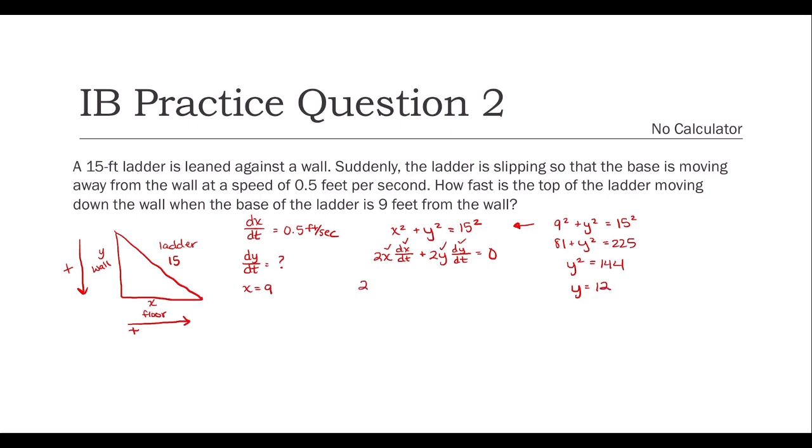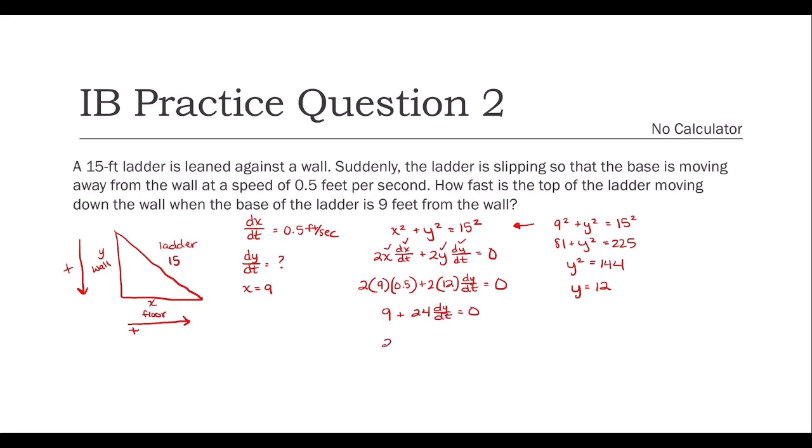So we have 2 times x, which was 9, times dx/dt, which is 0.5, plus 2 times y, which was 12, times dy/dt, and that has to equal 0. So 2 times 9 times 0.5 is 9. 2 times 12 is 24.